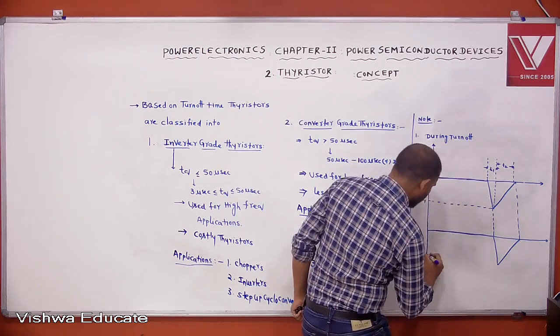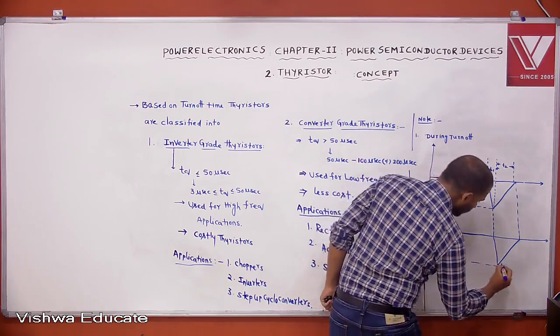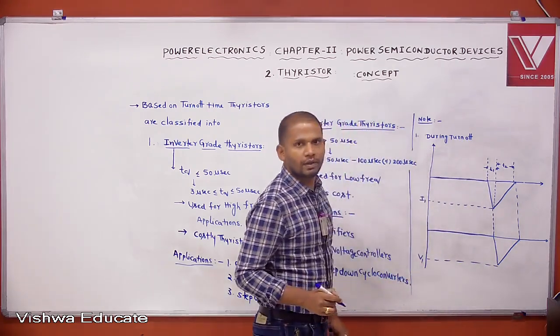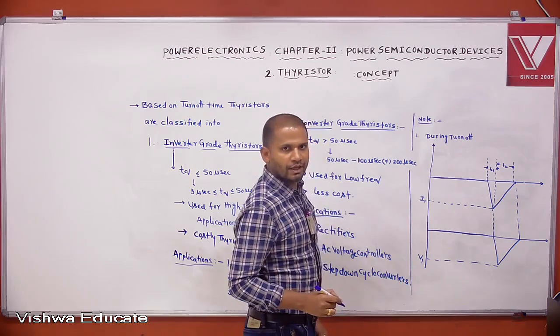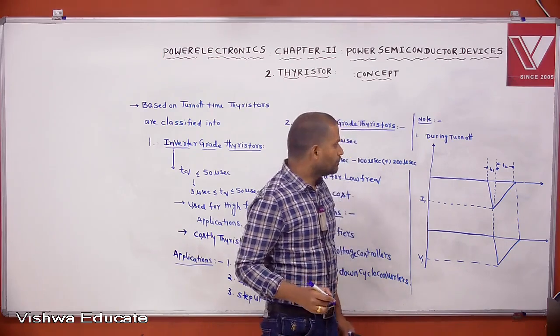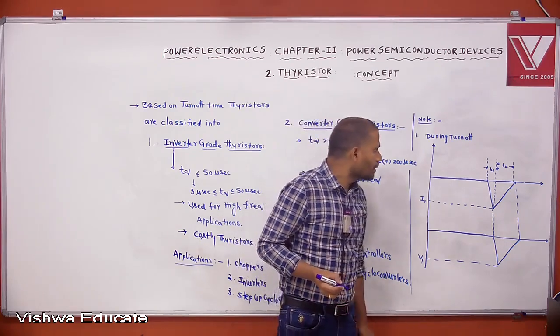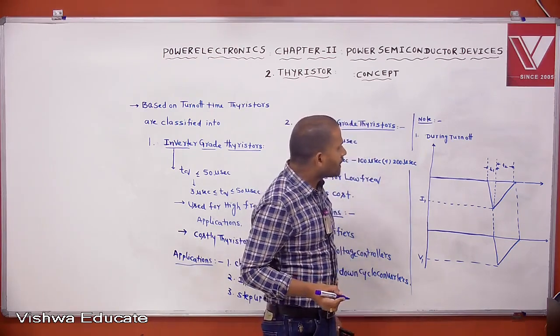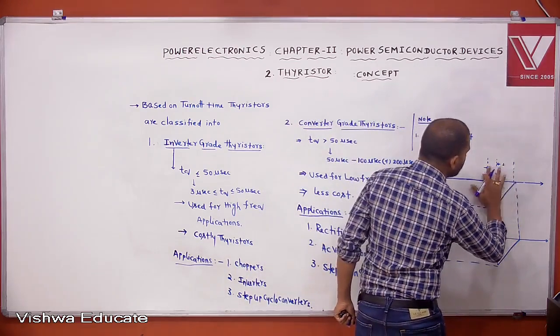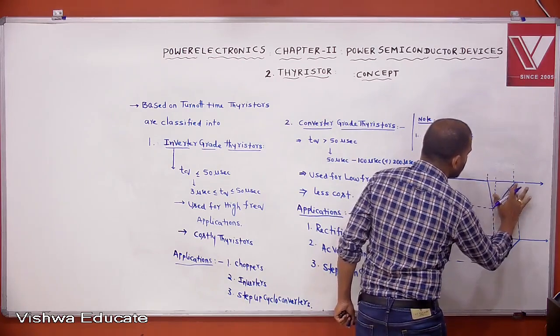This is V1. This voltage across the thyristor is V1. If you take it like this, this is T1 and T2.